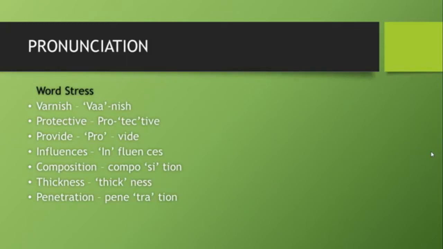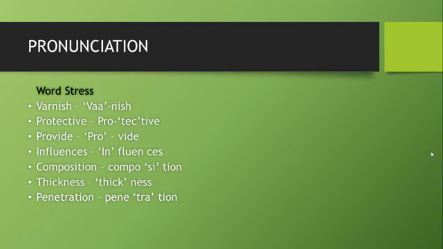For example, if I talk about a word varnish, first of all, did you notice I said varnish? R is silent. Varnish. Okay, now I said varnish. You know, I put more stress on va, it ran a bit longer than nish. If I didn't say it like vanish, no, I didn't lay stress on nish. I laid stress on va. So the stress of my speech was laid more upon va.